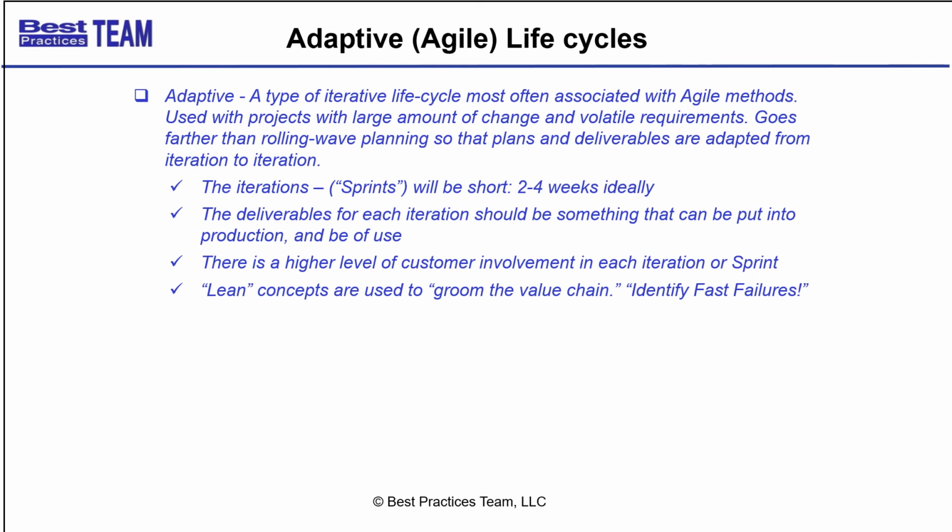So they get to check out that deliverable, that product increment, and kick the tires and find out, does it meet their needs? Does it meet the business value that they were expecting? So we're identifying fast failures. Very, very quickly, we're getting something out empirical to let them test to find, does this have value?